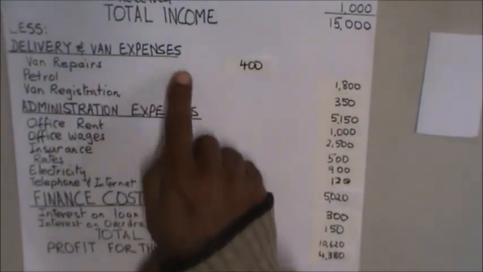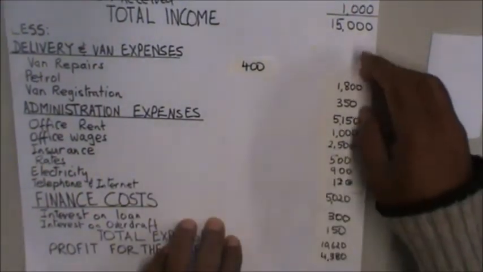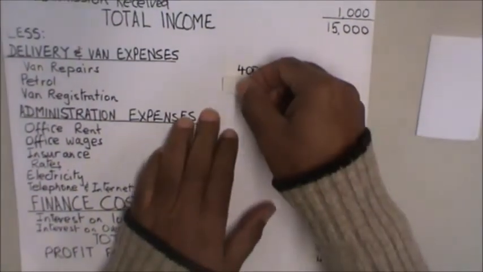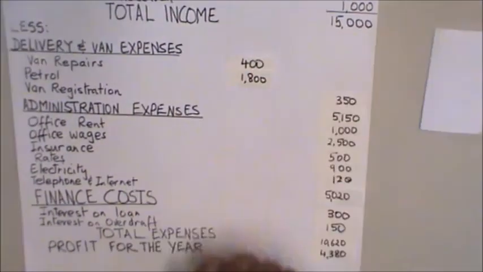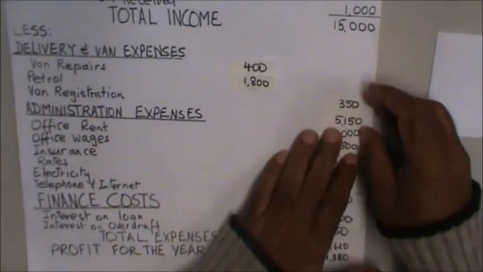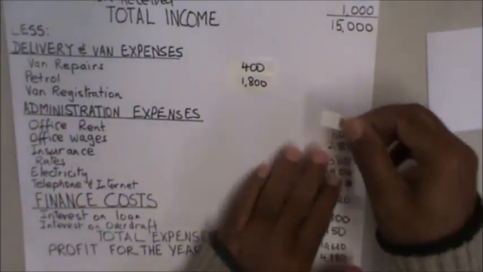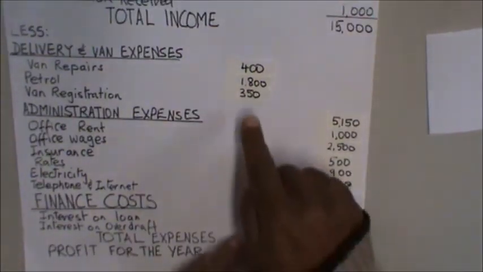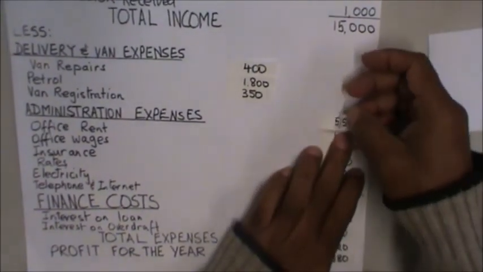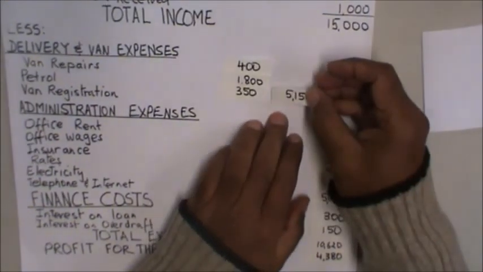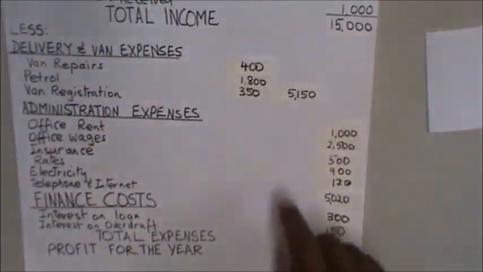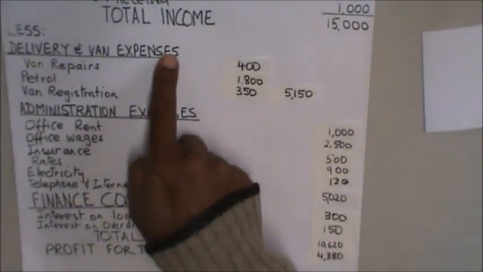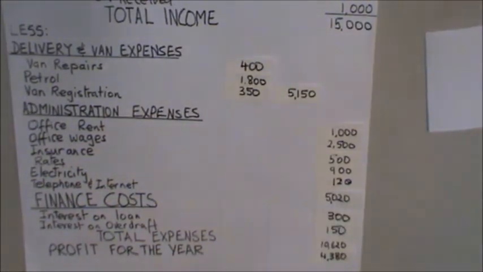So van repairs is $400. Petrol was $1,800. So we write this in the first column again. And van registration was $350 in the first column, which then, if you add them up, we put the figure in the second column. So that figure here is the total of these 3 figures. So we can safely say delivery van expenses total $5,150.